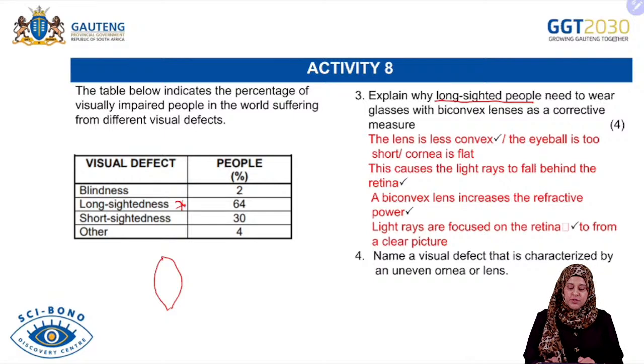So name a visual defect that is characterized by an uneven cornea. I think the C is missing here, an uneven cornea or lens. So we spoke about the uneven cornea and we said that is astigmatism. Okay, so that's the answer for that one.